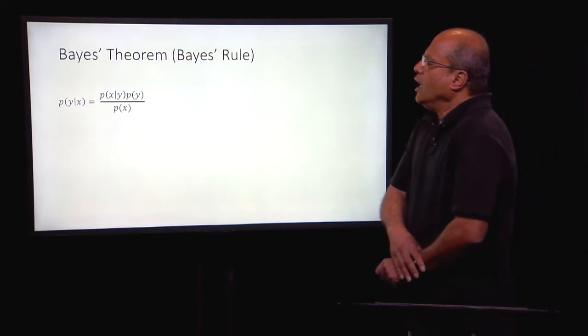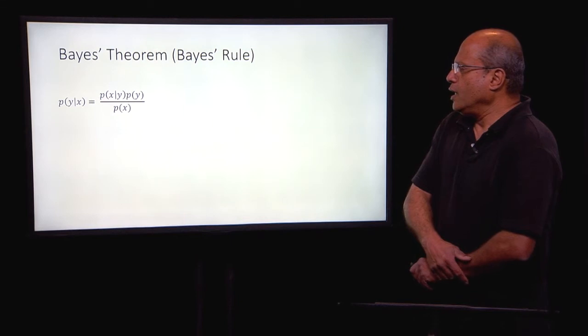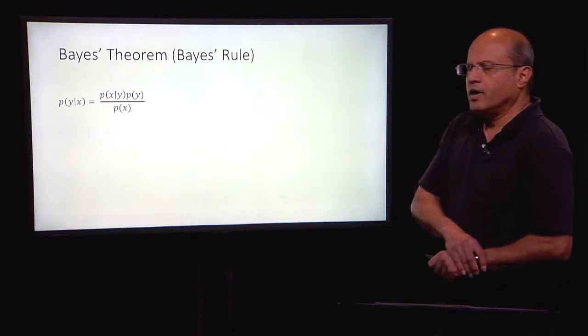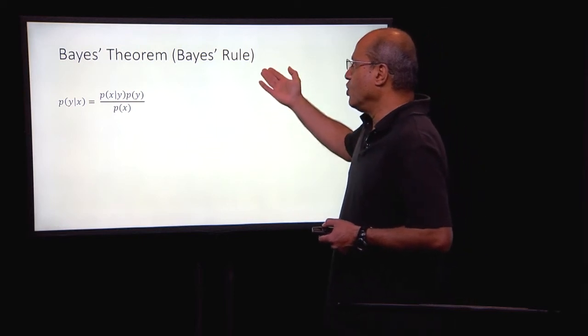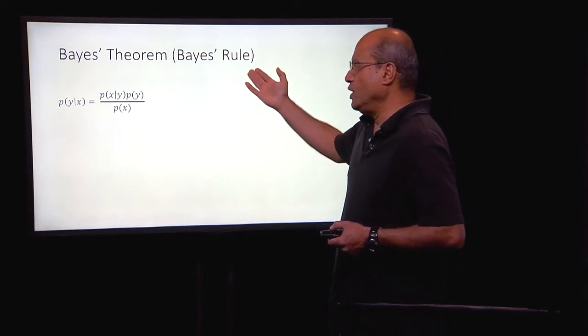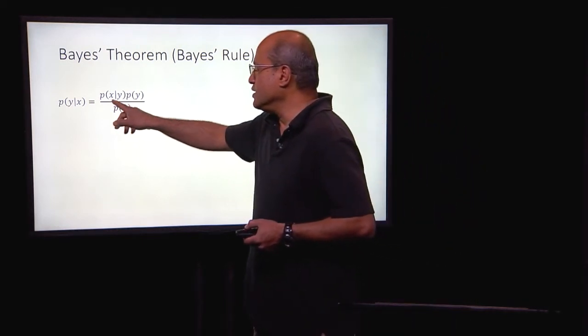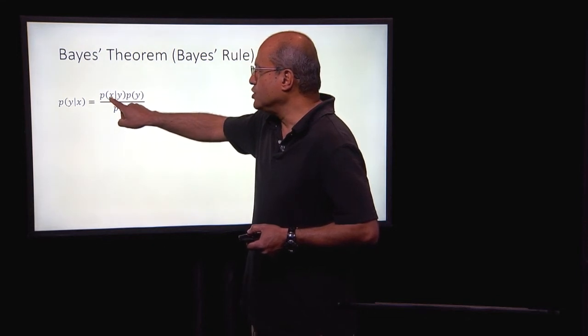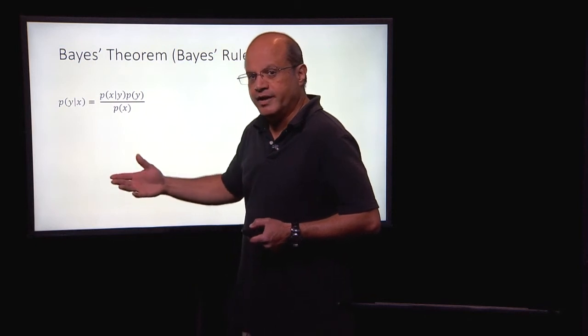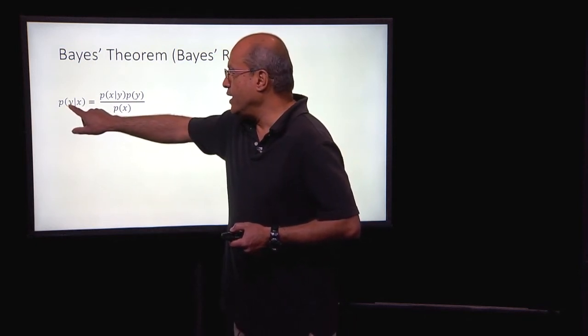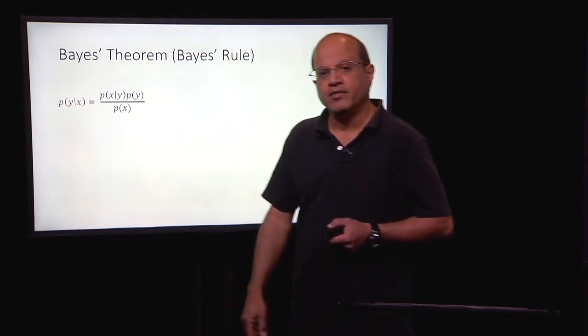Okay. So a very important rule about conditional distributions is called the Bayes theorem or the Bayes rule. What it does is it allows you to take the conditional distribution of x given y and in some sense invert that, so that you would then get the conditional distribution of y given x.